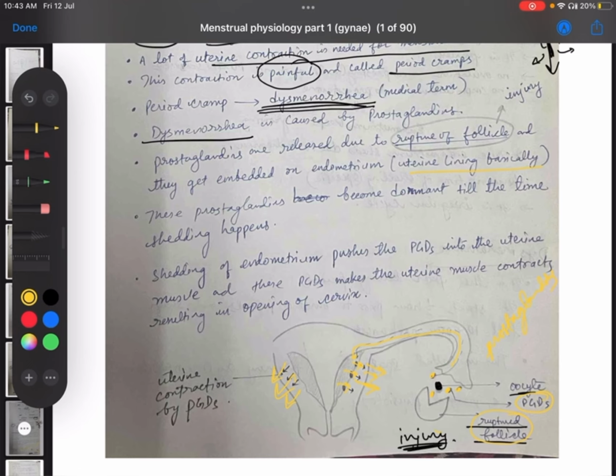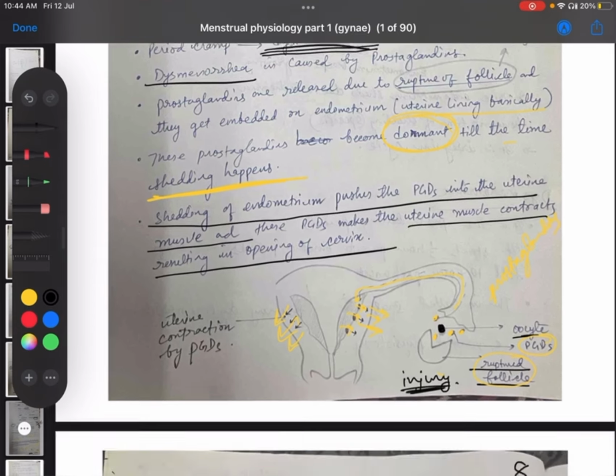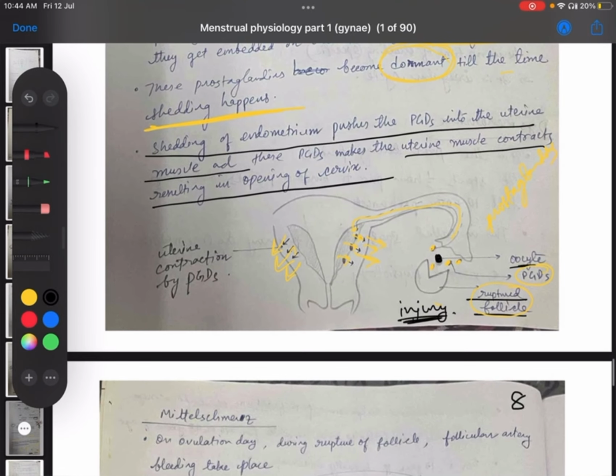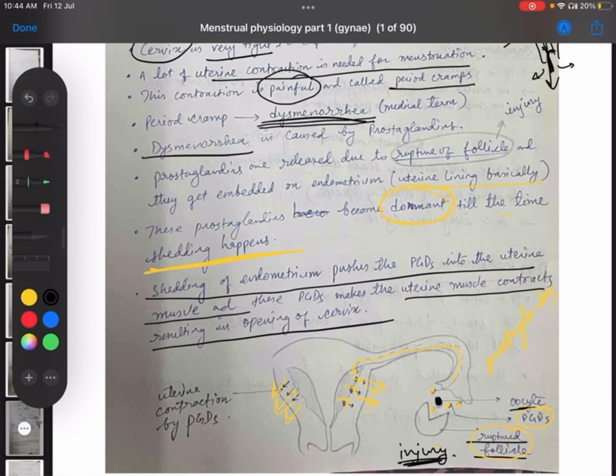So the prostaglandins are produced on that particular day only. They travel to that particular site and remain dormant till the time shedding happens. Shedding of the endometrium pushes the prostaglandin into the uterine muscles, and then these prostaglandins make the uterine muscle contract, resulting in the opening of the cervix, which is experienced as period cramps called dysmenorrhea.